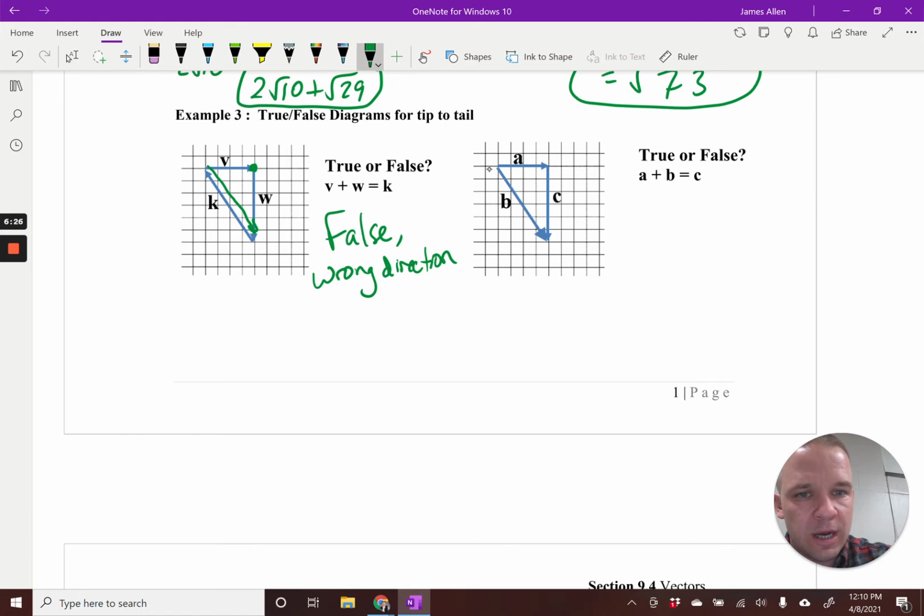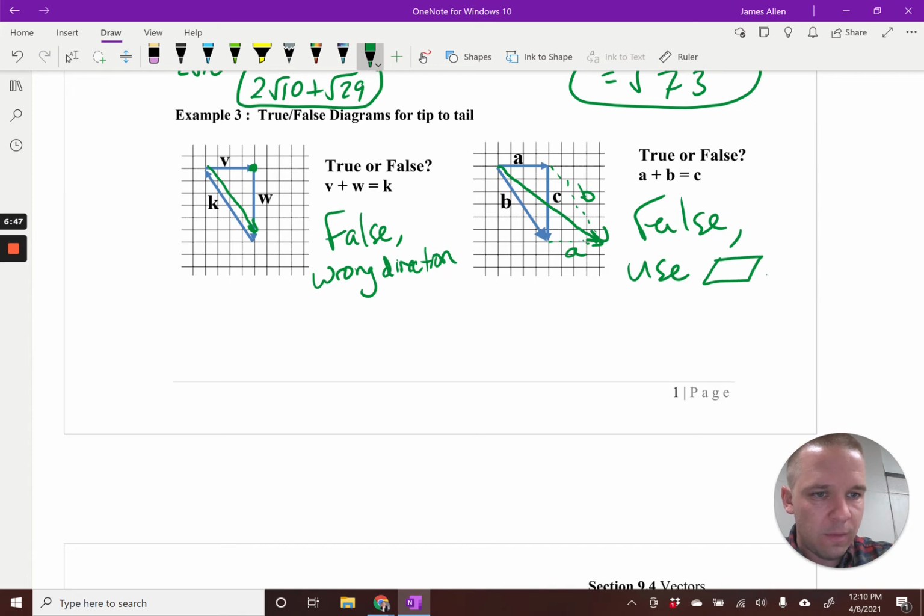So if I pop A down here, and then B right here, this would be my resultant vector. So again, false. Use the parallelogram method.